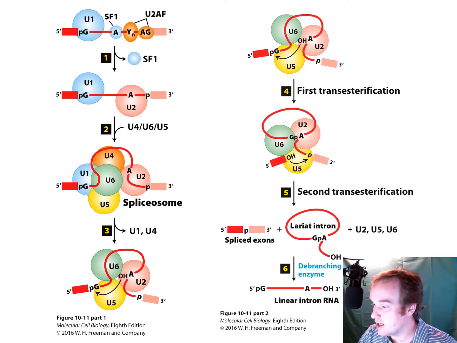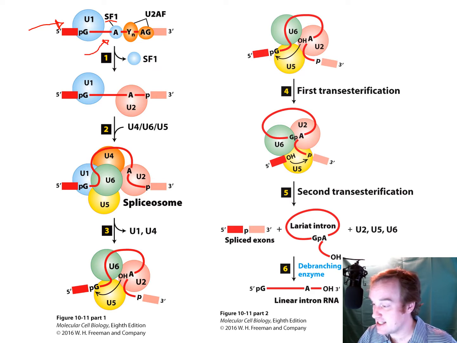It starts with this initial complex where we have U1, that snRNA, associated with a protein, so now we call it an snRNP, and that binds over the intron-exon boundary on the 5' end. In addition, we have this protein SF1, which is splicing factor 1, which binds to that conserved A branch point.